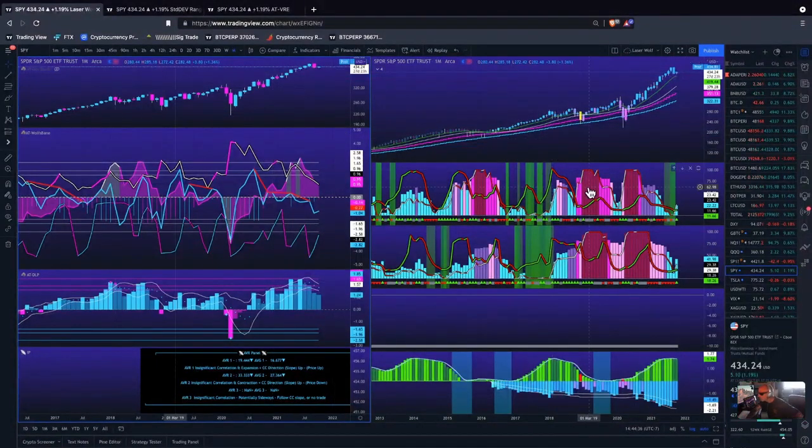Well, I tell you what. If you go to a monthly, you got this low length AVR, boy. It's just starting to expand, and the low length is just now, this new monthly candle, it has shifted positive. I'm telling you right now.